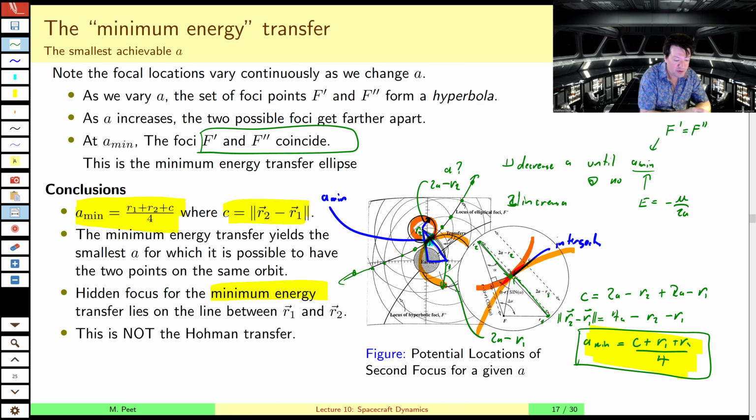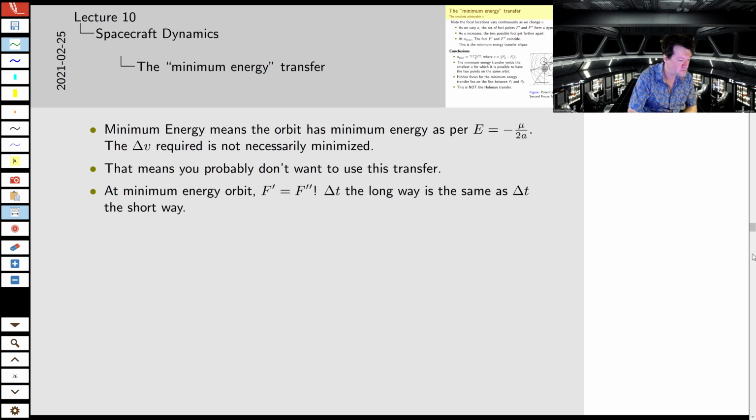So again, hidden focus for the minimum energy orbit, F prime equals F double prime for a min. Again, don't confuse the minimum energy transfer with the minimum delta V transfer for a two-burn maneuver, which is the Hohmann transfer. So again, not anything to do with the Hohmann transfer at all. And really, using the word minimum energy transfer is a bit weird. So yeah, just things I said earlier.